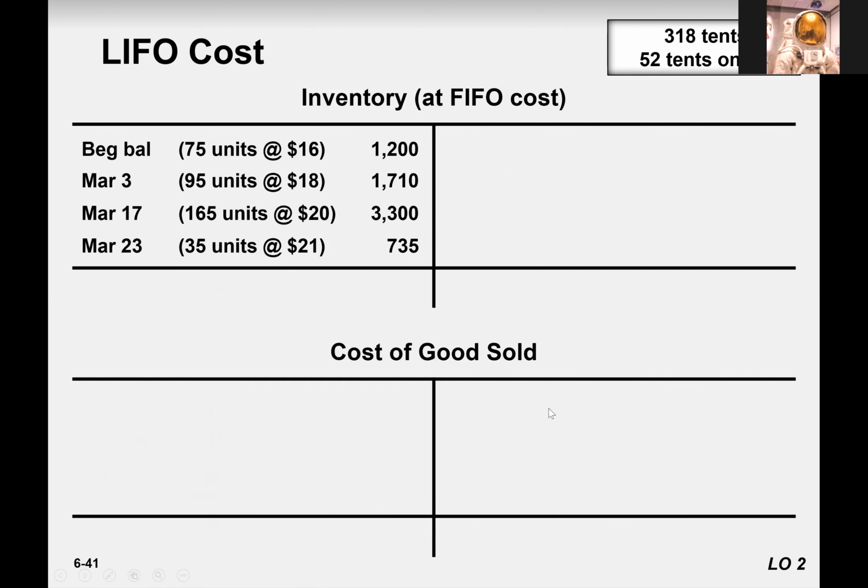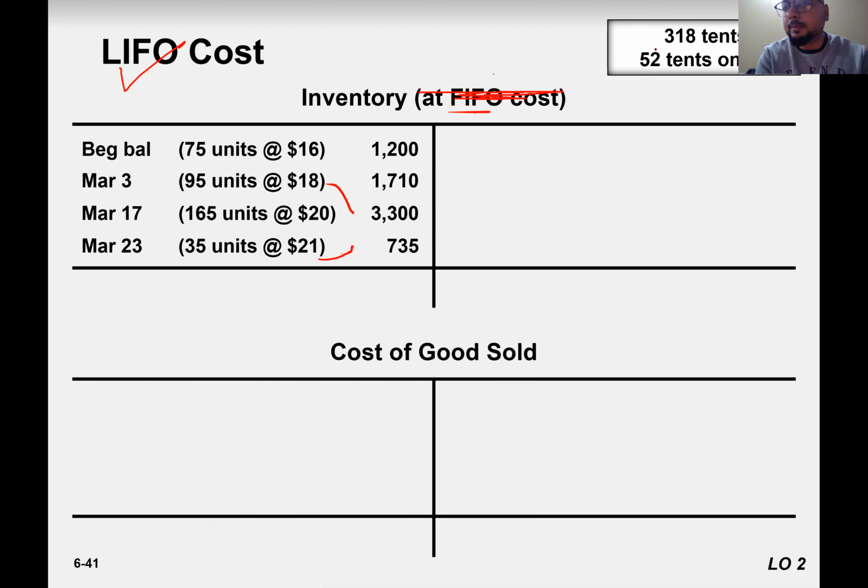Yes. For LIFO, for the time being, let's just remove it. This is LIFO cost. So what is LIFO? Last in, first out. It means the latest prices are going to be used to fill up this 318.